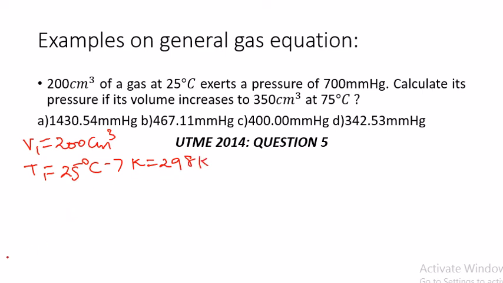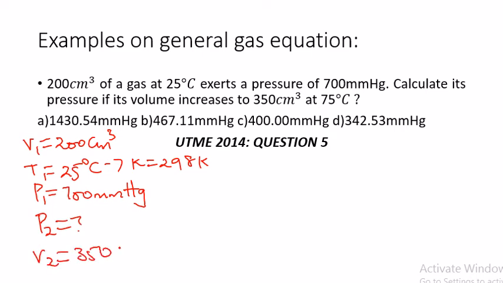Alright, so we have our initial pressure, 700 millimeter mercury. We are asked to calculate the final pressure if its volume is increased to 350 centimeter cube and the temperature is also increased to 75 degrees Celsius. 75 degrees Celsius in Kelvin is 348 Kelvin.